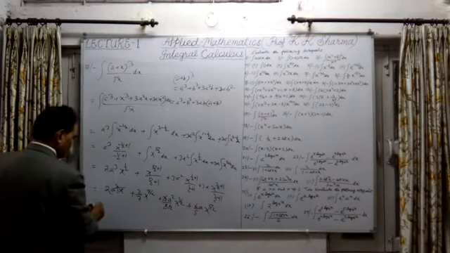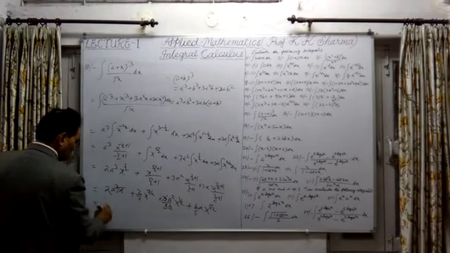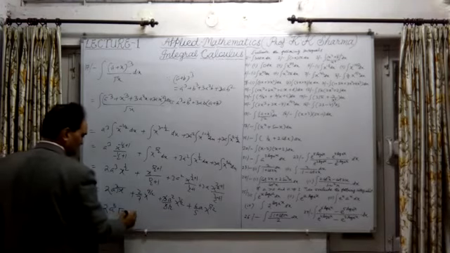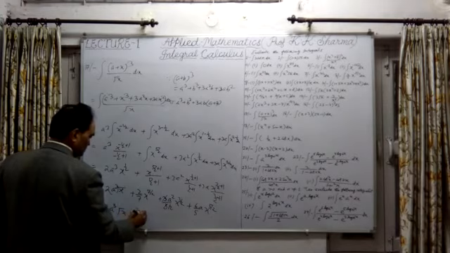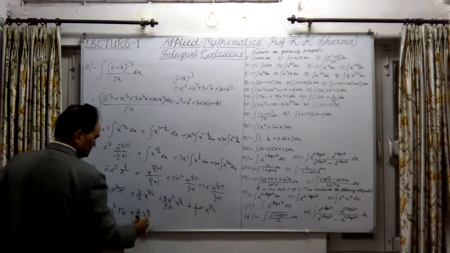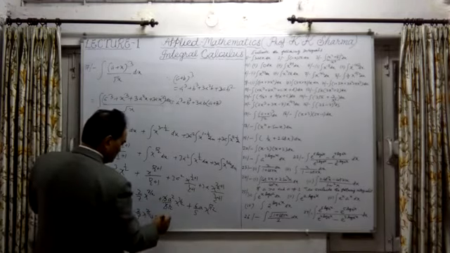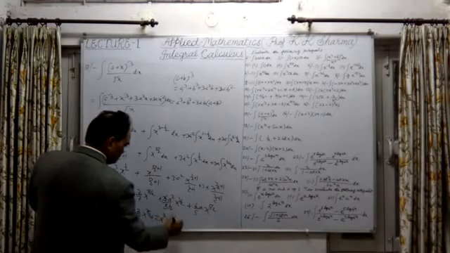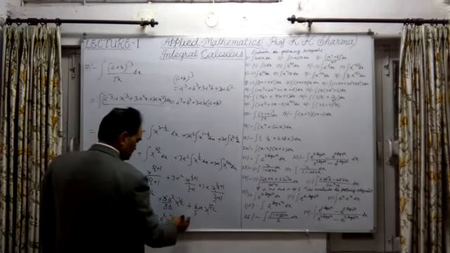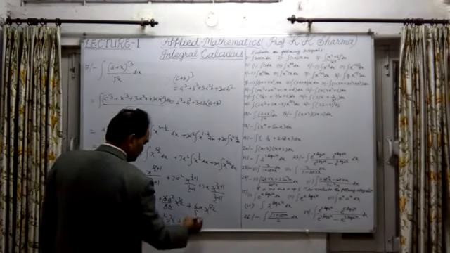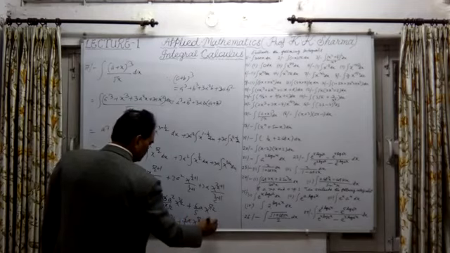Now let me write it once more as cube root of x plus 2 upon 7 into x is equal to 7 by 2, plus 2 into a square x is equal to 3 by 2, plus 6 by 5a into x is equal to 5 by 2. This is the final answer.